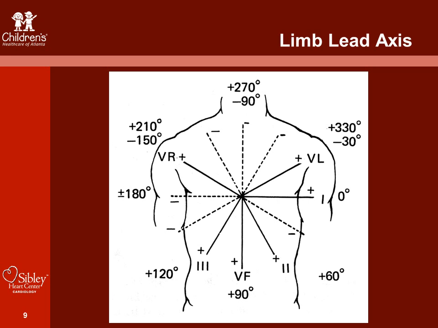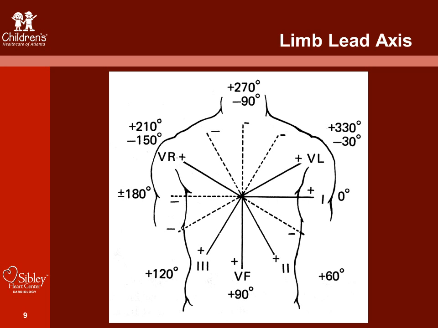So the vectors on an EKG correspond with the directionality of the electrical current. So if the vector is predominantly upright, meaning that the current is traveling towards the positive deflection of that lead, in lead 1 the positive deflection is here towards the left shoulder, and in lead AVF the positive deflection is here down towards the belly button.